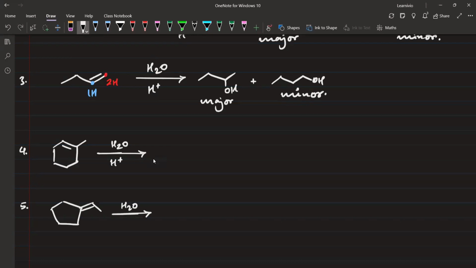See, the idea is still the same. Don't be scared by the structure. The idea is still the same. After that, we are going to do a few questions in NCERT.